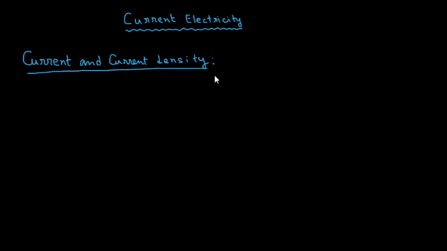So, what is current? Current is the amount of charge flowing through a specific area per unit time. So, if we want to interpret current as I, then dI is equal to dq upon dt.